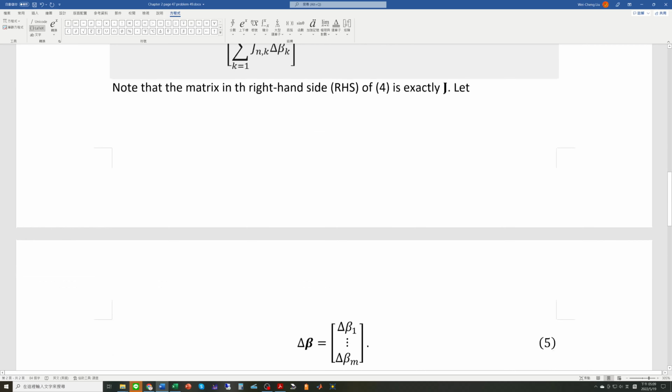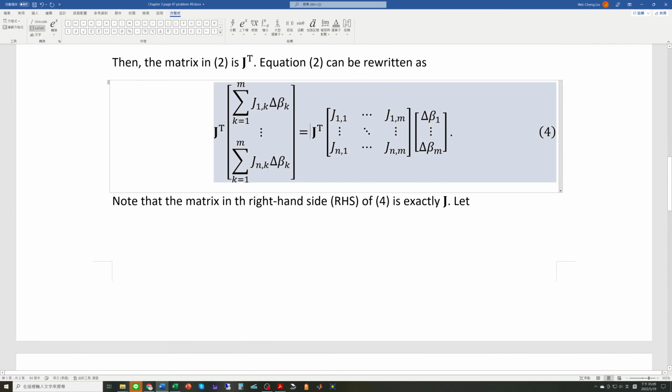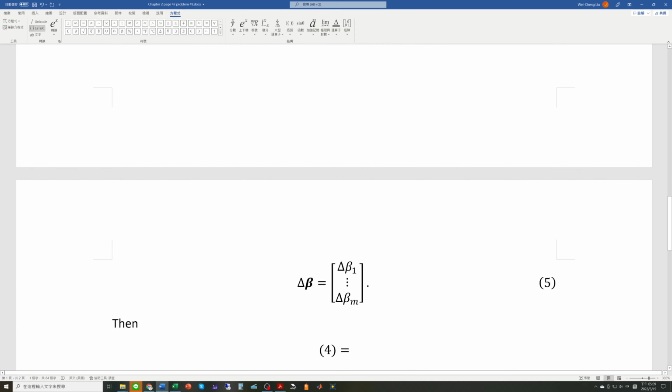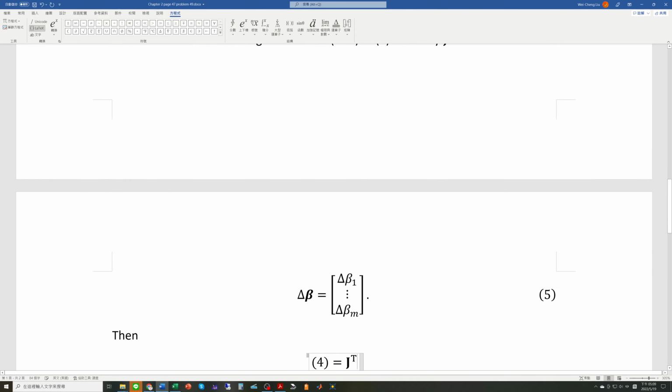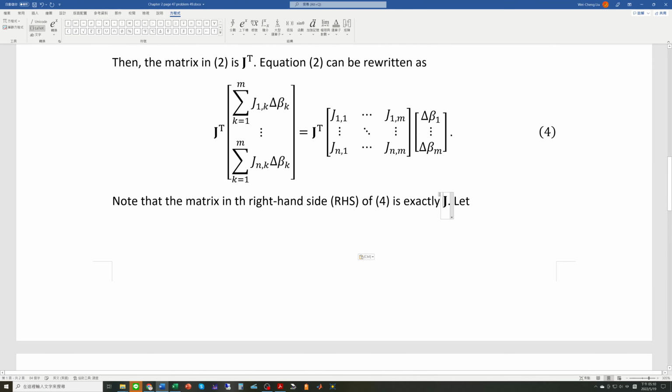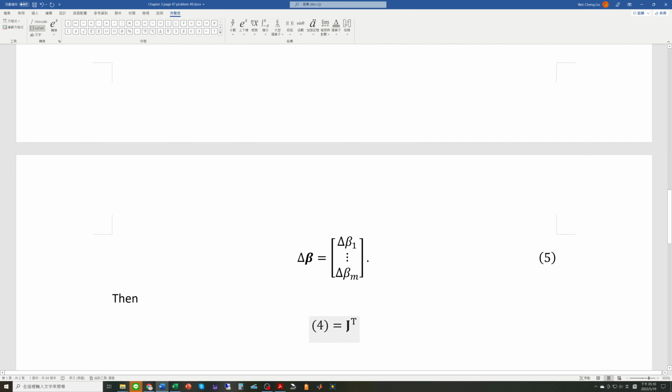So equation 4 is equal to J transpose times J, and times delta beta. Like this.